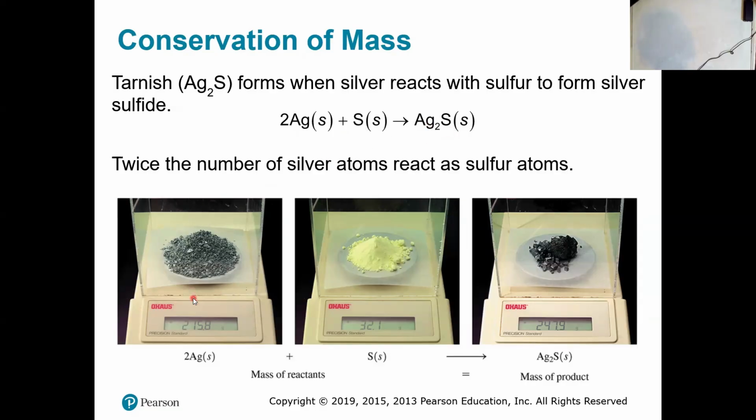Now if we put our silver on the balance and weigh it, and we put our sulfur on the balance and weigh it, when that chemical reaction is done, if we take the product that forms, the silver sulfide, and weigh that, we're going to see that the mass of what we end up with is the same as if we added those two masses together. That's what our law of conservation of mass tells us.